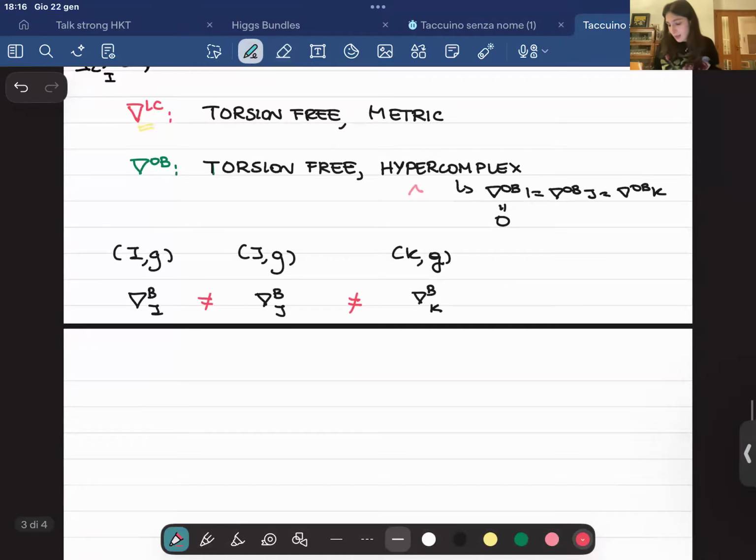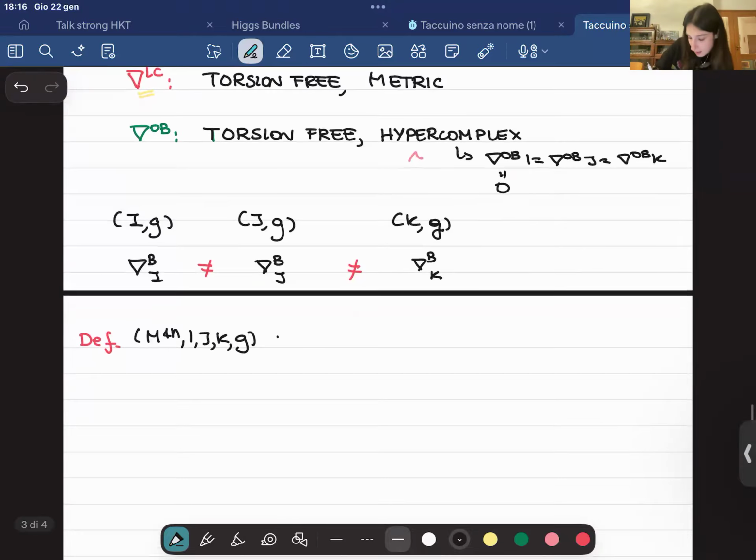But now the HKT condition comes into play. So, definition: I have my hyperHermitian manifold, and I say that this is hyperKähler with torsion if the three Bismut connections agree. So nabla^B_I is equal to nabla^B_J is equal to nabla^B_K, and I will write nabla^B for the common Bismut connection.